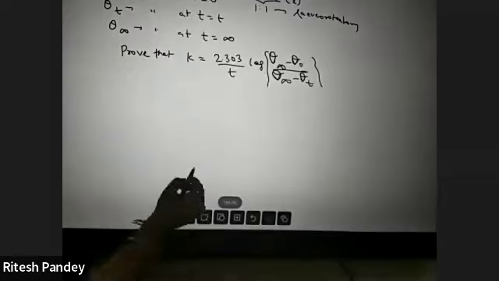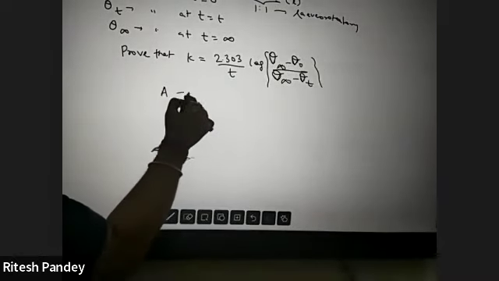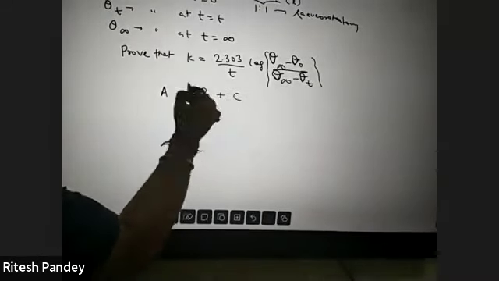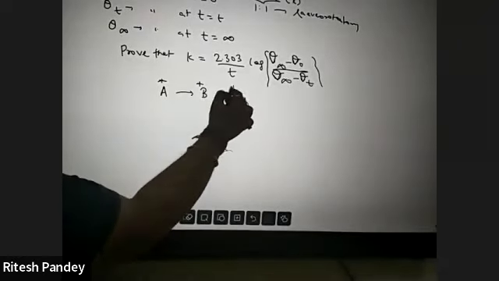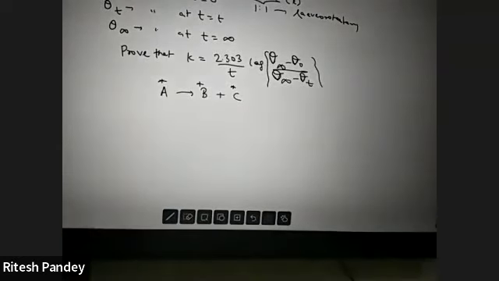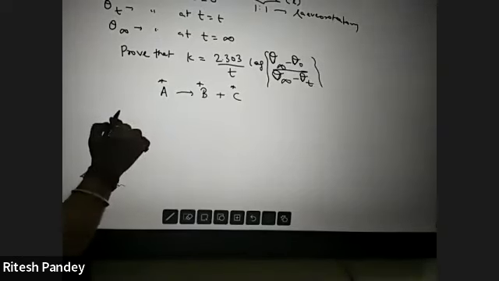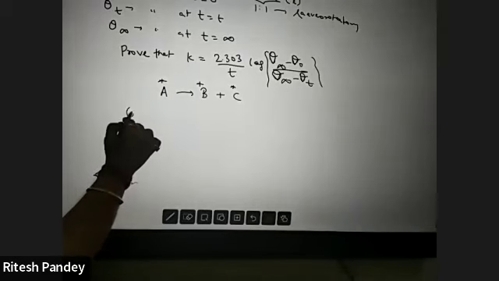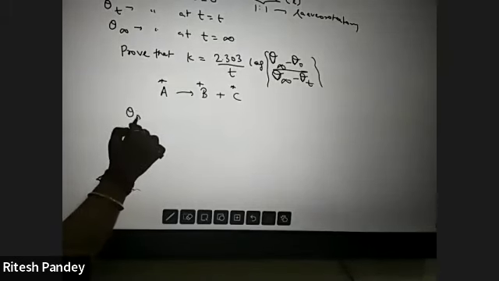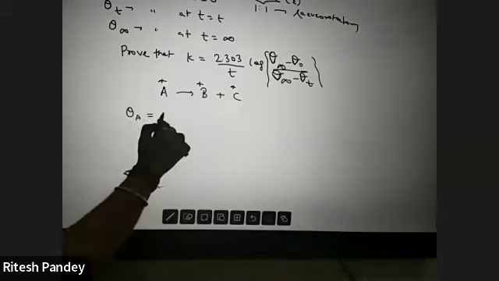Now, again, instead of sucrose, glucose, fructose, allow me to write A becoming B plus C, where each is chiral. I hope I'm being understood. The rotation because of any particular species could be written as its specific rotation. Now, what is the specific rotation?